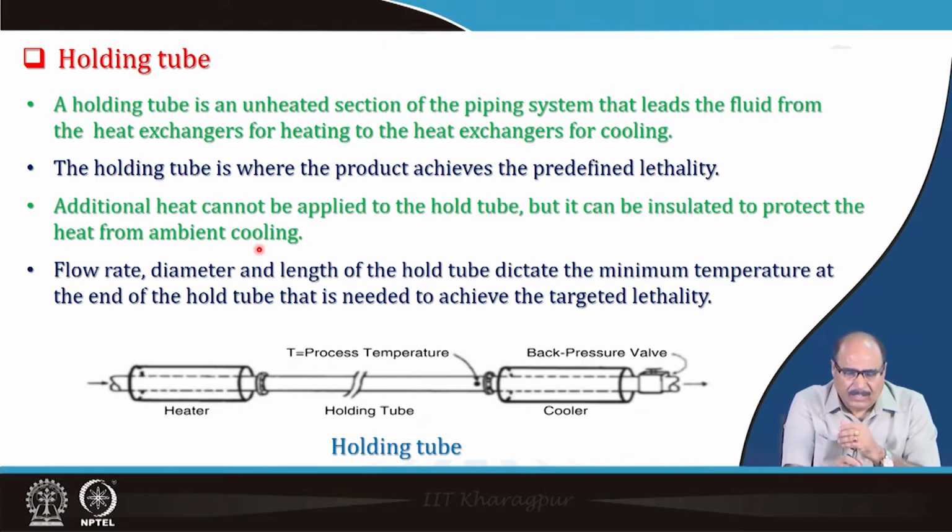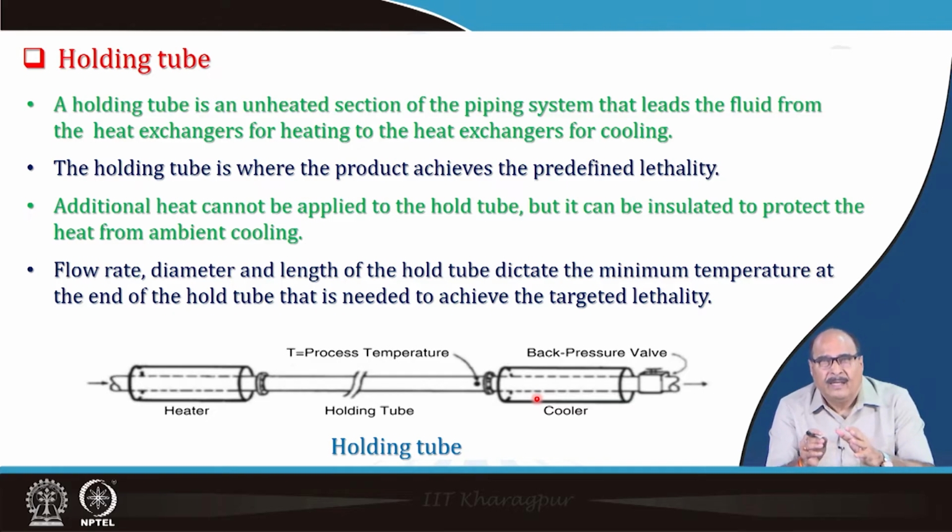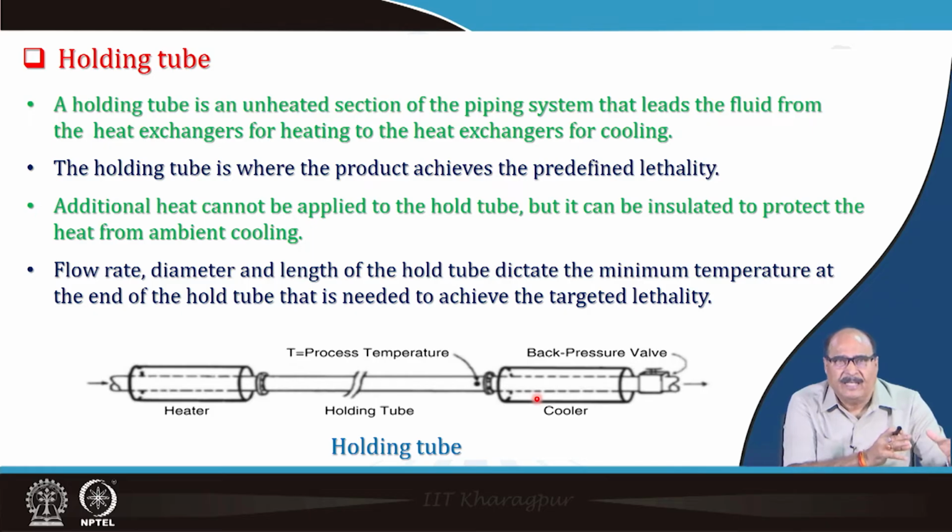As you can see in the figure, a holding tube is an unheated section of the piping system that leads the fluid from the heat exchanger for heating to the heat exchanger for cooling. The holding tube holds the material for the desired period of time, and then sends it to the cooling.